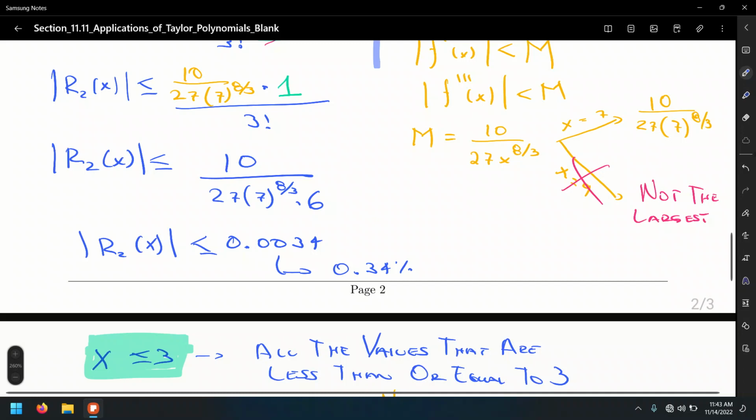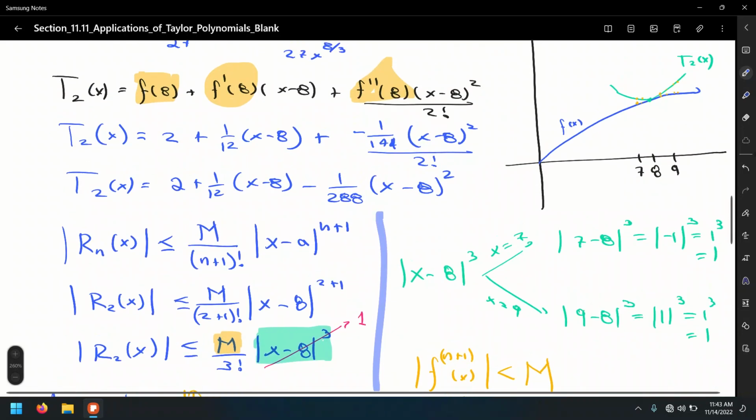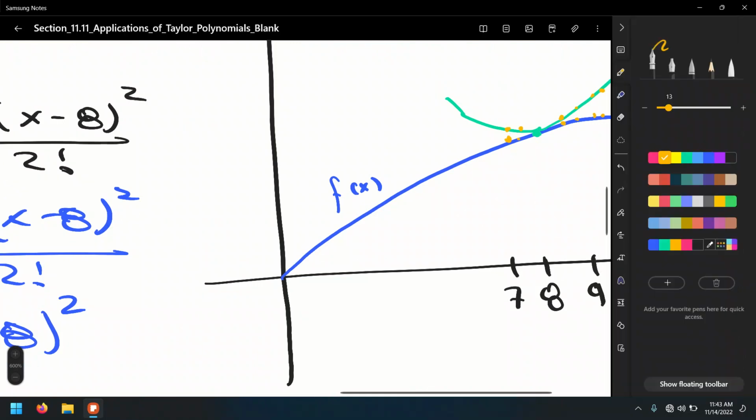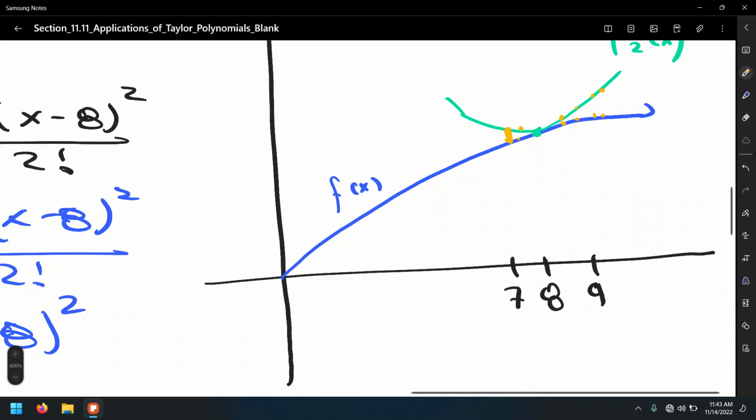Okay, let me go back to the picture. At the edges of the interval that we want, these two quantities at the end, I know they look bigger, but it's actually the same value because of how bad the picture is. This means T2 and f of x differ by 0.34%.